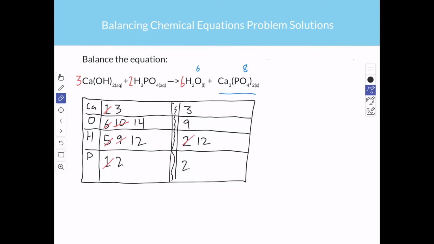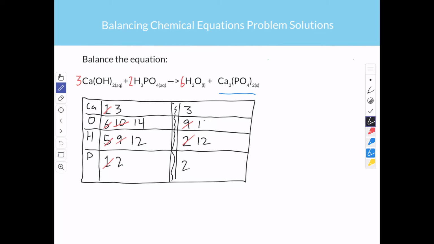So we don't do that. We forgot to alter, when we put our 6 in front of here, we didn't alter our number of oxygens again. So that's why something's not adding up. So we've got to change that. So 6 plus 8 is 14. So we actually already balanced it.